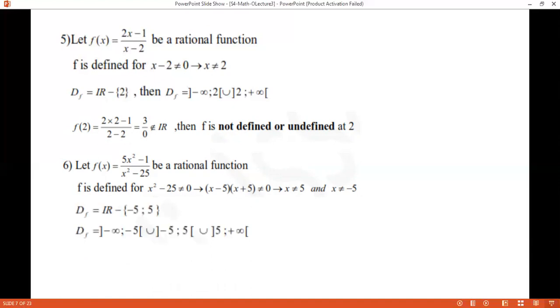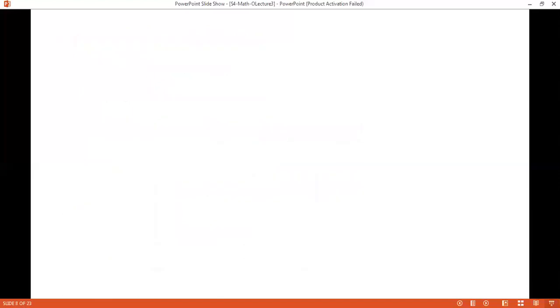So we write the domain of definition is minus infinity to minus 5, union minus 5 to 5, union 5 to plus infinity. And it's enough to replace 5. You can see that I'm not going to get a number that belongs to R, so f is not defined at 5.